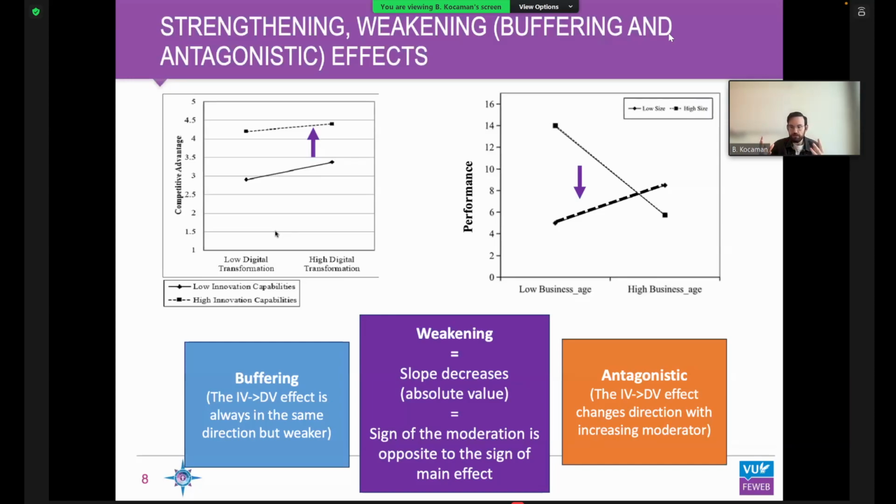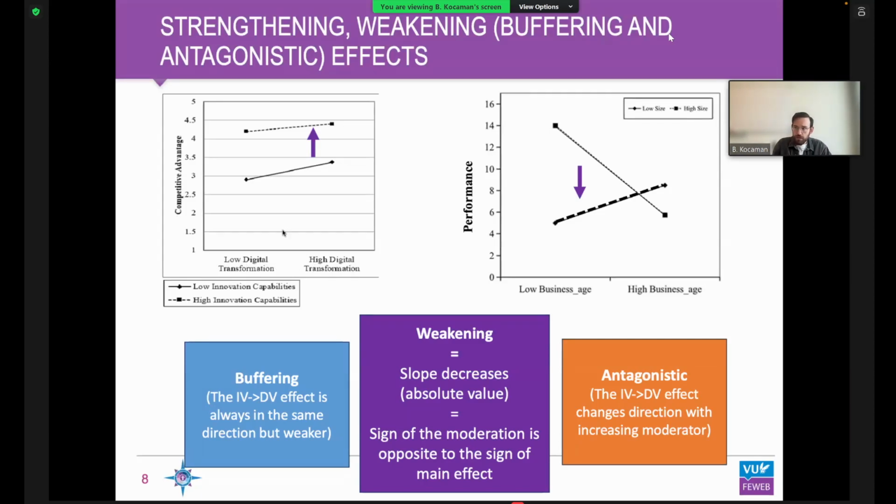As we said, the moderator modifies the relationship between the independent variable and the dependent variable. First, let's look at the low innovation capability. We see that there is a positive effect of digital transformation on competitive advantage.